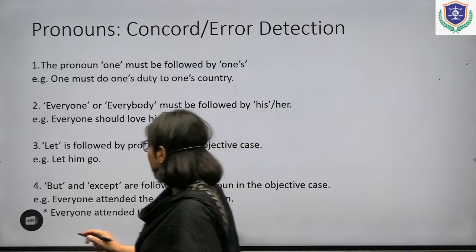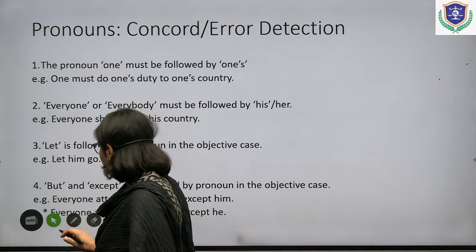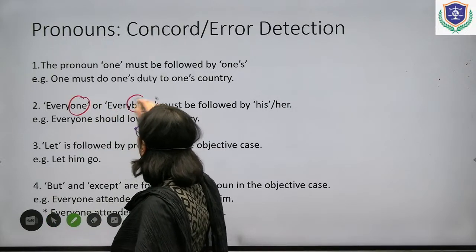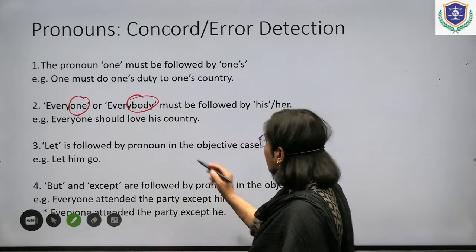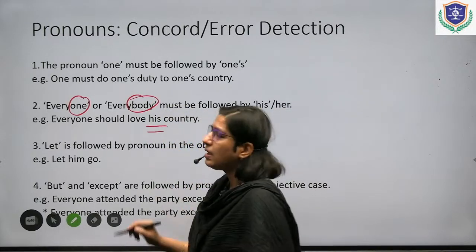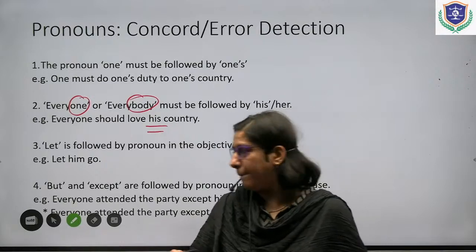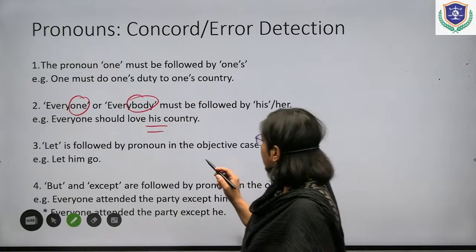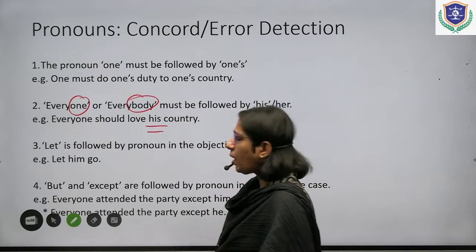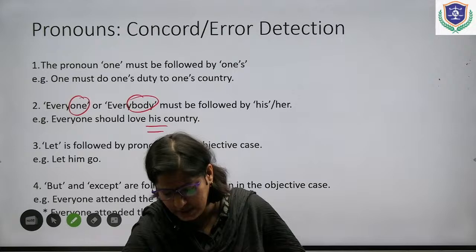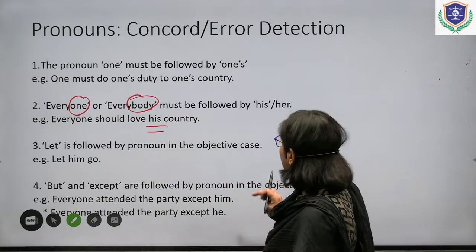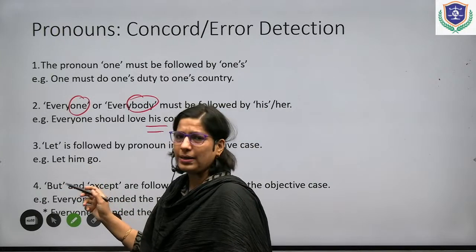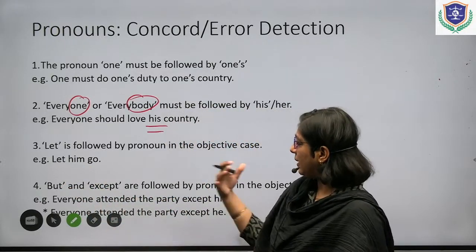We are actually singularizing everyone, each one, everybody, so we have to use the pronoun his or her and not they or them. Of course, there are three cases of pronouns: the possessive case, the objective case, and the nominative case. So here, not let he go, but let him go, let her go, let them go.